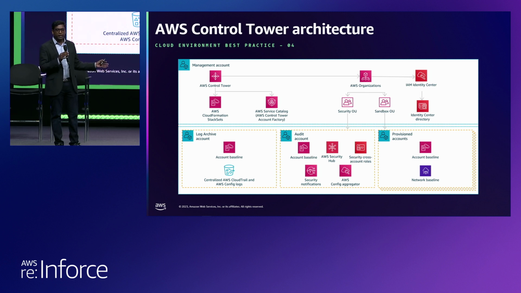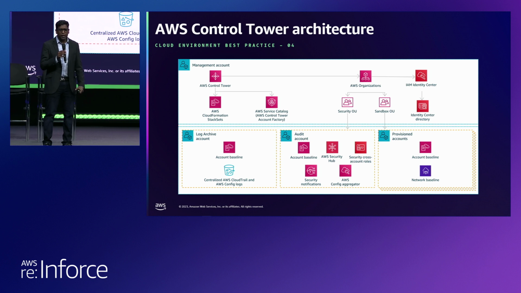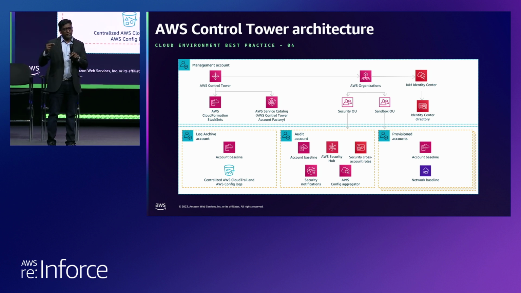As you can see here, it sets up a security OU and a sandbox OU, giving you a very good starting point. But the key here too to understand is that you can extend the capabilities of Control Tower using the underlying services. So with Organizations, you get other service integrations that you can implement in your Control Tower environment.